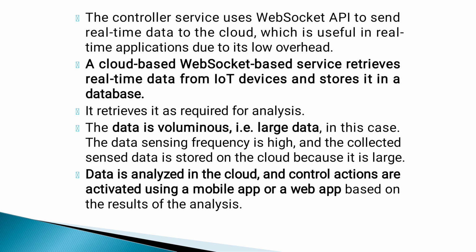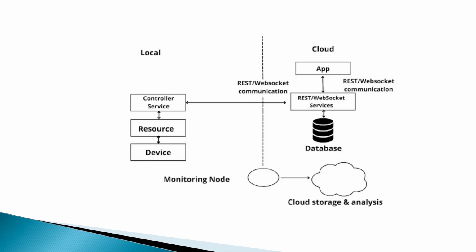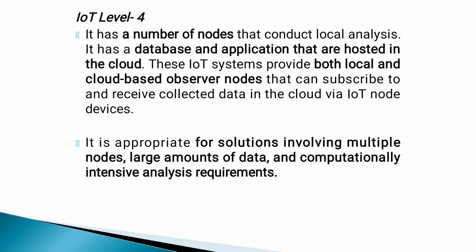It retrieves it as a record for analysis. The data is large. In this case, the data sensing frequency is very high and the collected sensed data is stored on the cloud because it is large. The data is analyzed in the cloud and control actions are activated using the mobile app or the web app. So this is the diagram for the IoT level 3.